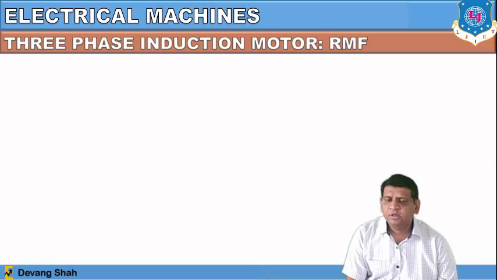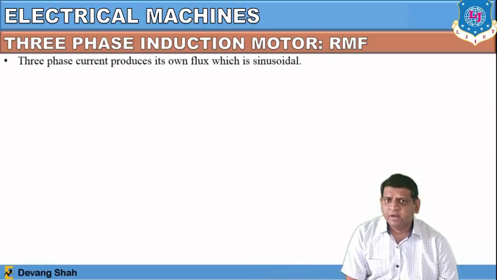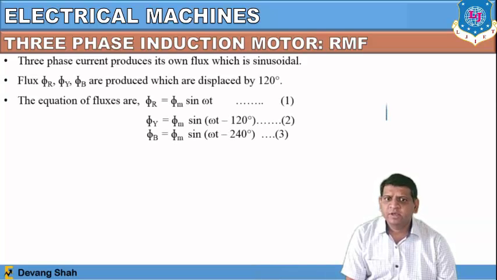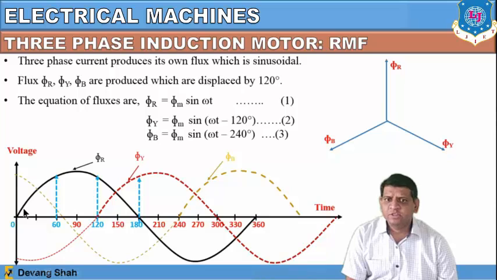Each of the three-phase currents produces its own flux which is sinusoidal, and these can be represented by three equations. Phi R is equal to phi m sine omega t, where phi m is the maximum value.